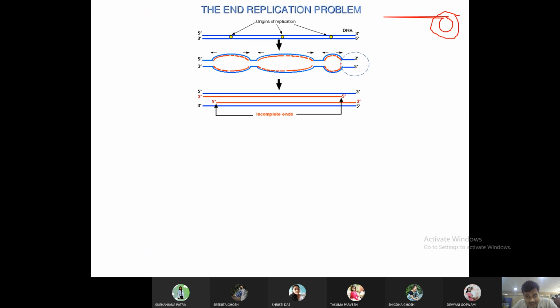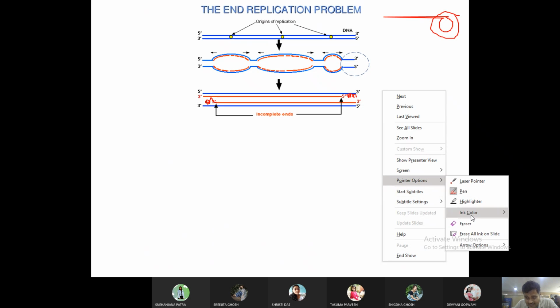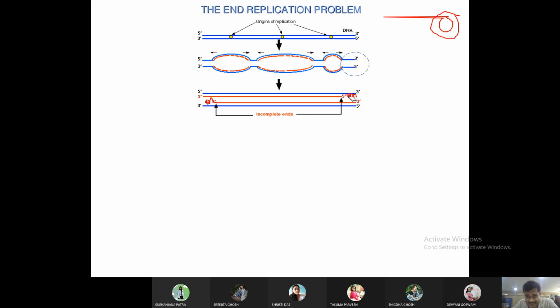Because when we want to replicate the DNA, we have to add an RNA primer that is generated by RNA primase, because DNA polymerase cannot initiate DNA replication. It must begin with an RNA primer, and then our DNA gets replicated, and after the replication is over, this RNA primer is deleted.